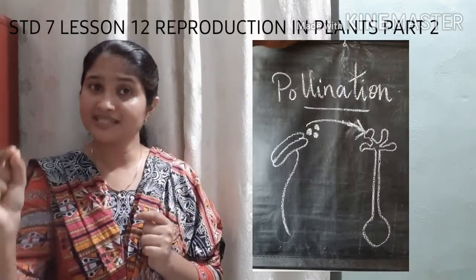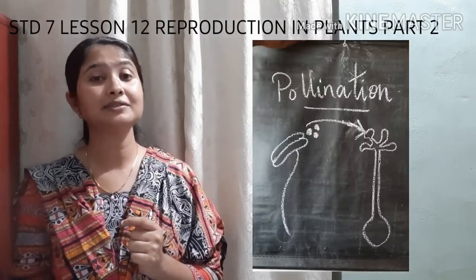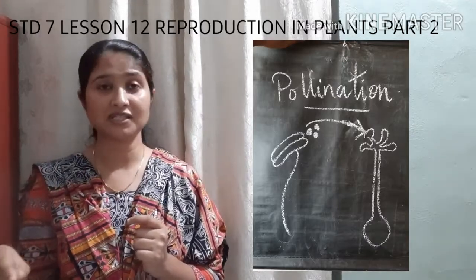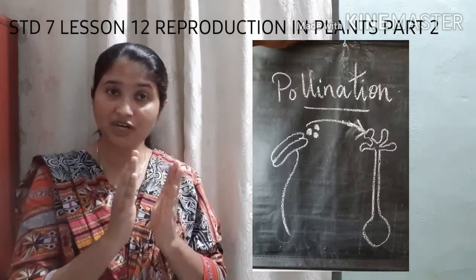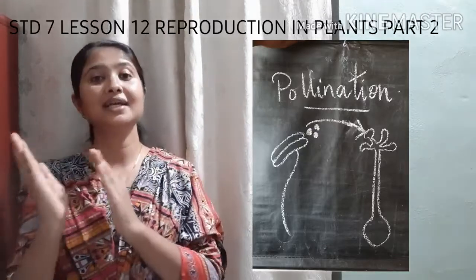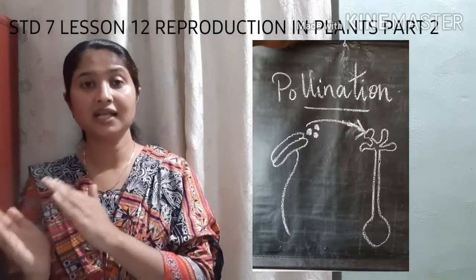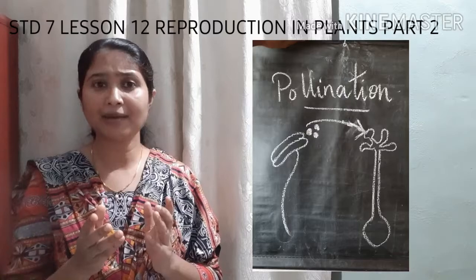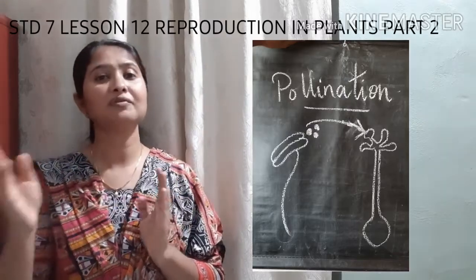From the stigma, through the style it will enter the ovary. So that is how the fusion takes place. So now the transfer of pollen grain from the anther to the stigma of the pistil is called the pollination. So how is this happening? This will happen through the winds.